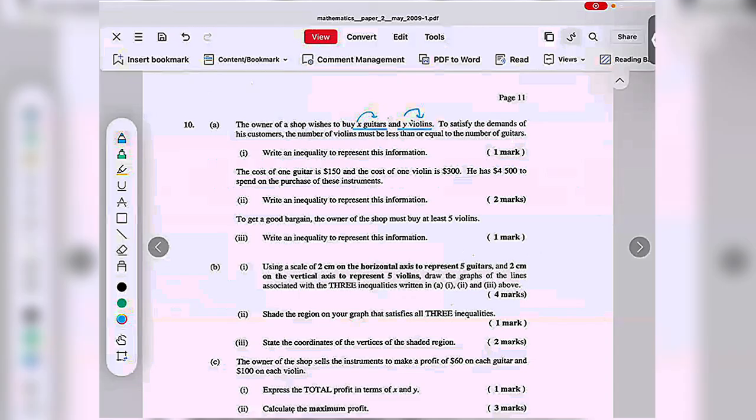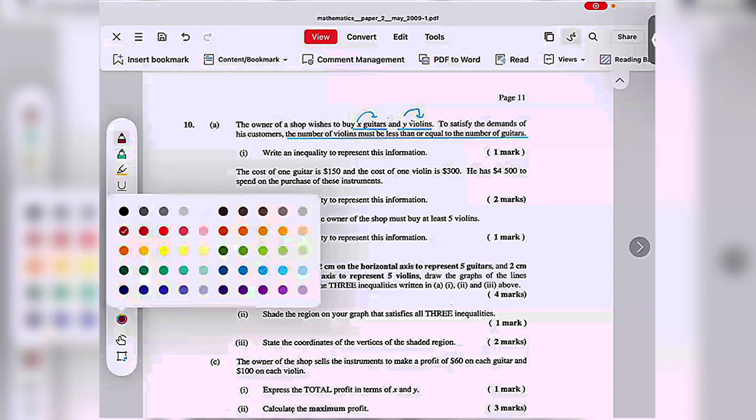So it says, to satisfy the demands of his customers, the number of violins must be less than or equal to the number of guitars. What's the key word in that sentence? Sir, less than or equal to. Very good. So it's the less than or equal to.